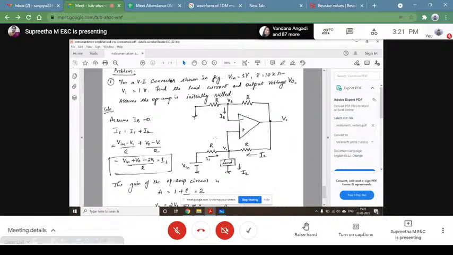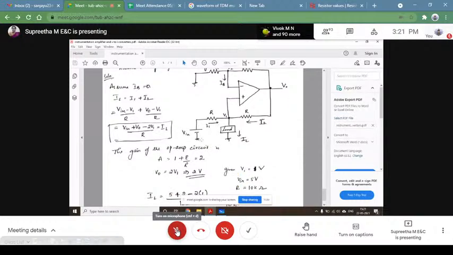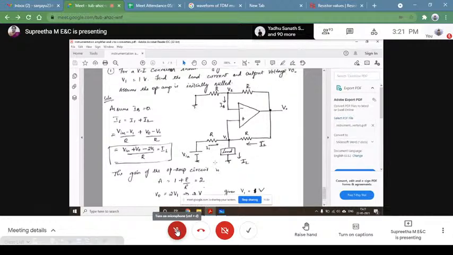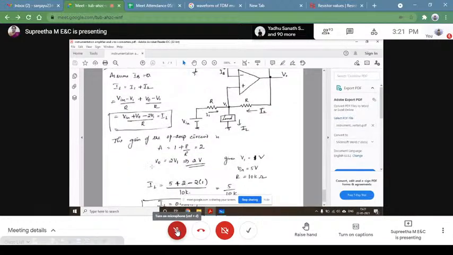And what is the gain here? As we discussed earlier, your gain is 2. And it's given that your V1 voltage is 1 volt. So what will be V0? Two into V1, whereas our V1 is 1 volt, so output voltage is 2 volts.